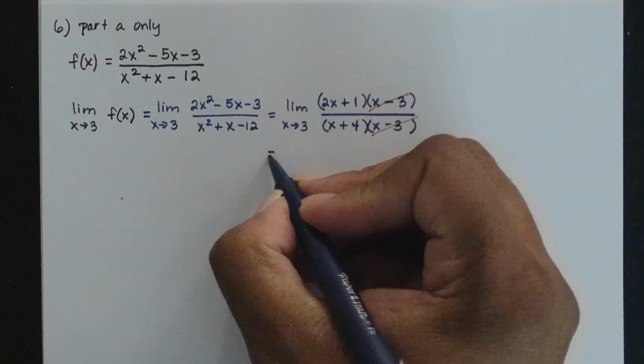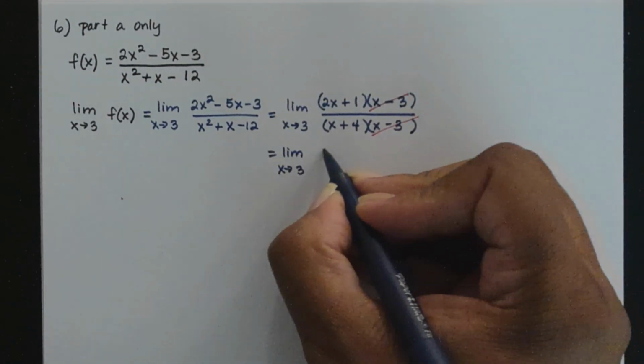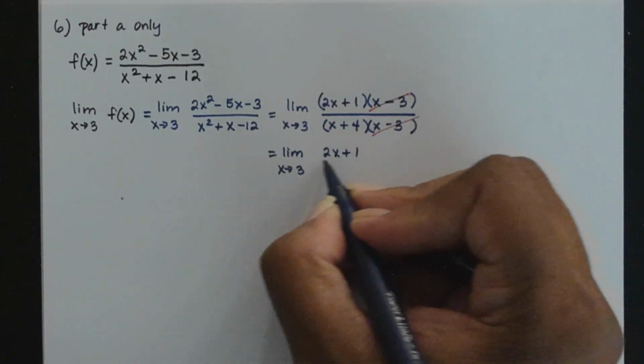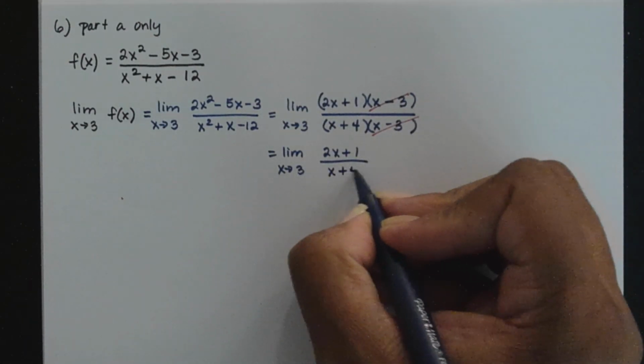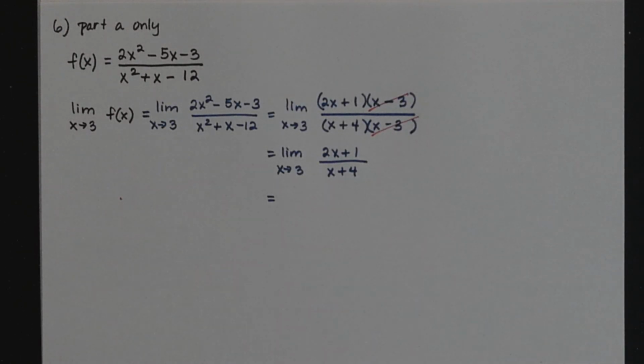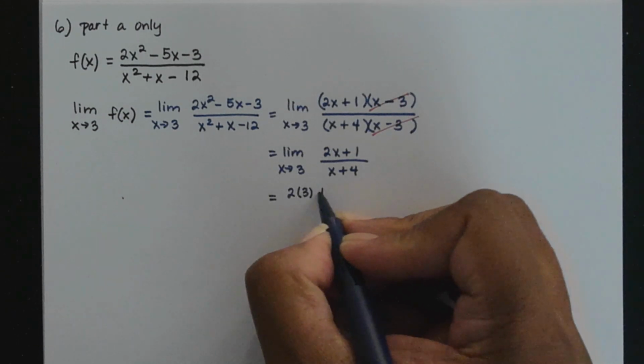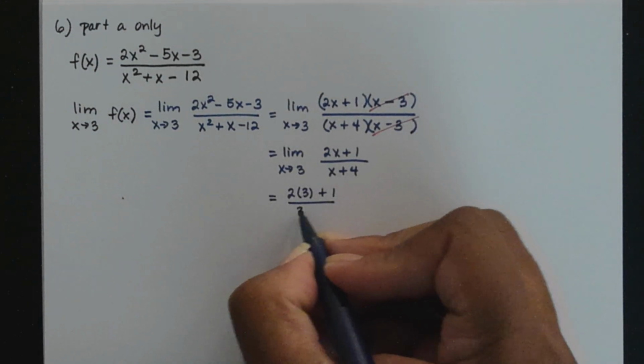So now we've got the limit as x approaches 3 of 2x plus 1 divided by x plus 4. And from here we can do direct substitution since I won't get a 0 in the denominator. So this is 2 times 3 plus 1 over 3 plus 4.